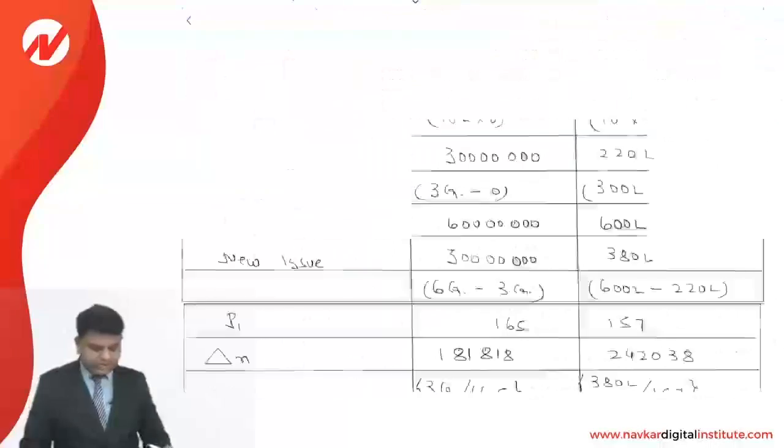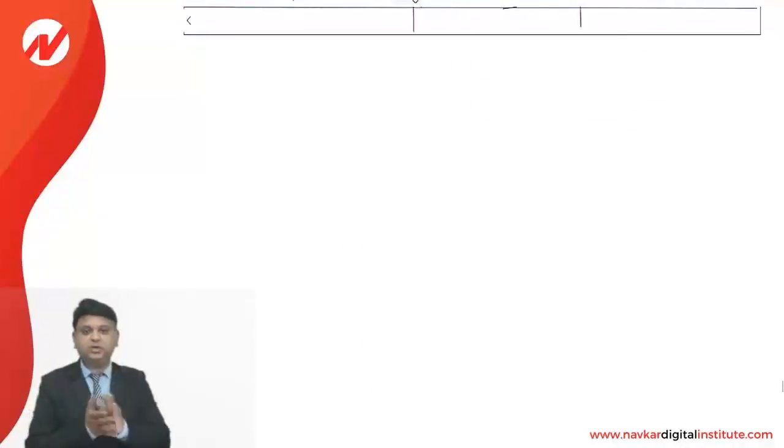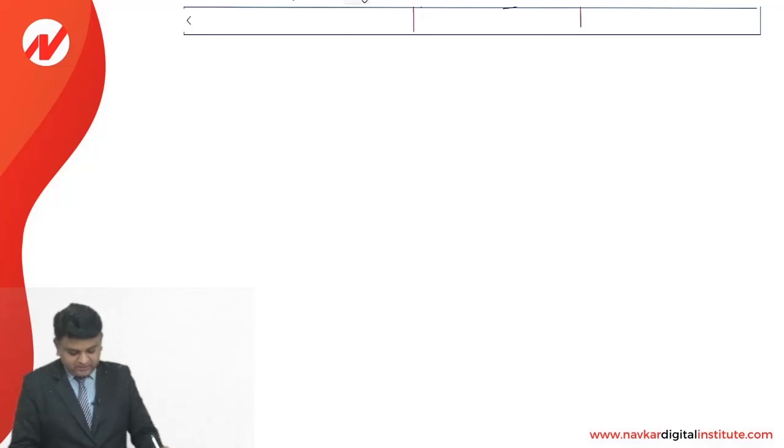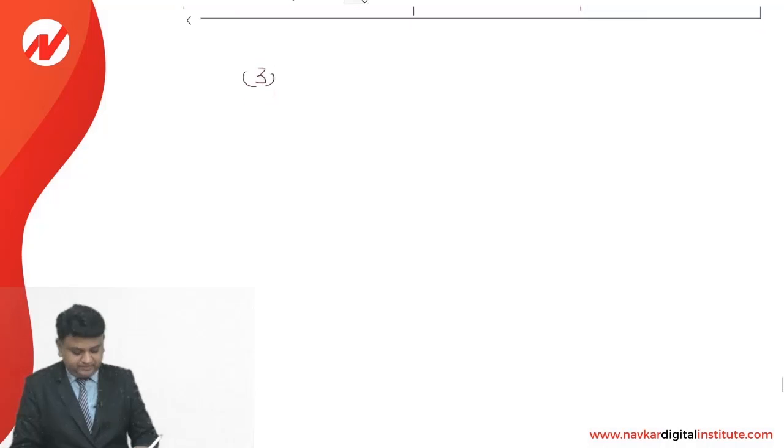Dear students, in the third part of the question, we are required to compute the overall market capitalization in both the situations, whether dividends are declared, dividends are not declared. So third part of the question, in that we have to work out the answer in this way.